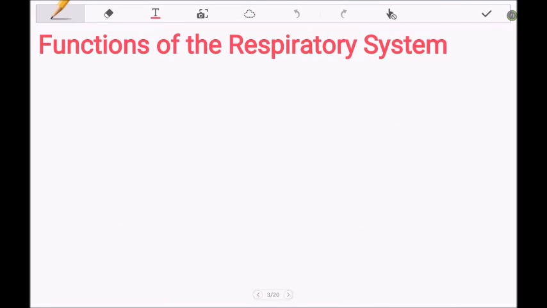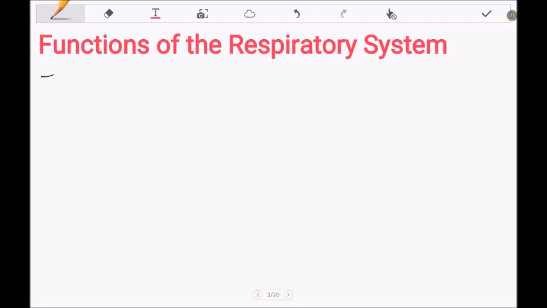Some of the functions of the respiratory system include air transport and gas exchange. It's also a first line of defense against microbes. It's useful to produce sound. And the respiratory system is very important in the management of pH.